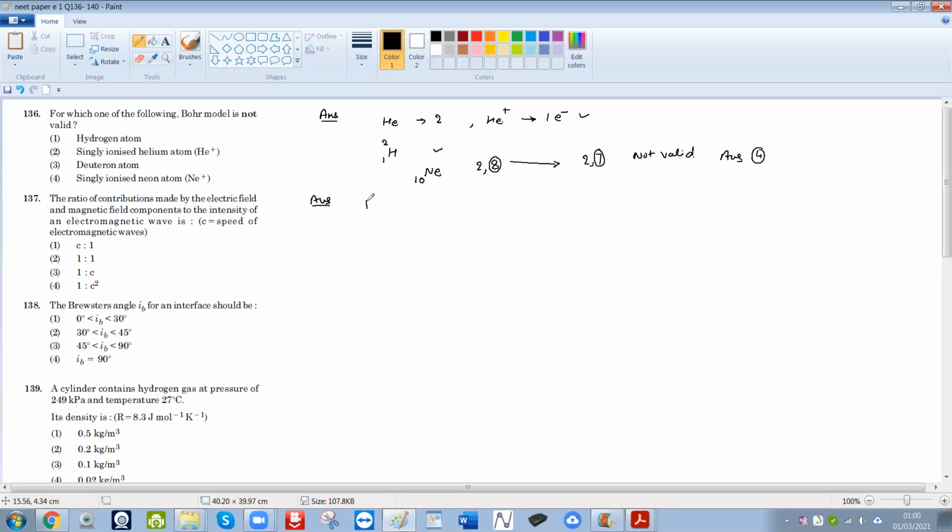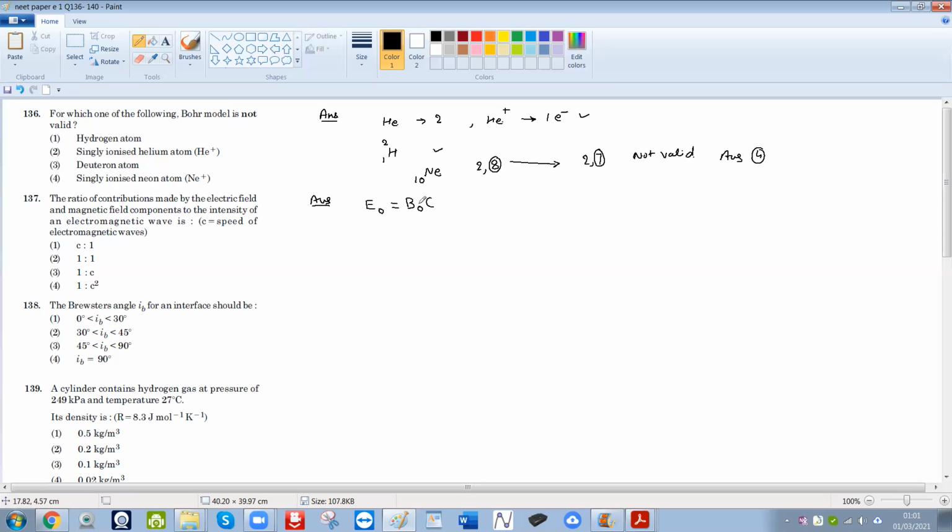Peak value of electric field and magnetic field variations are related through this relationship, E naught being the peak value of variation in electric field intensity, B naught being peak value of variation in intensity of magnetic field produced in a region when electromagnetic wave passes through any given region.